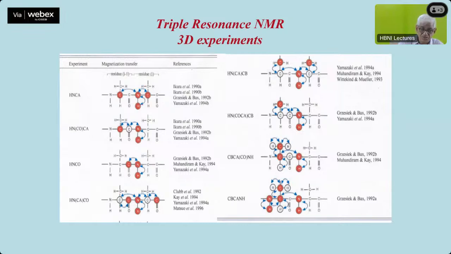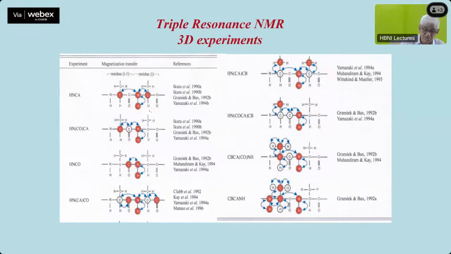And in this situation, the amide magnetization starts from the amide proton. That means you excite the amide protons initially, and then it is transferred by the INEPT sequence to the nitrogen 15. And the nitrogen 15 is frequency labeled there, that constitutes the t1 variable. And then from the nitrogen 15, it is transferred to the C alpha of two residues. It's the same residue and also the previous residue.